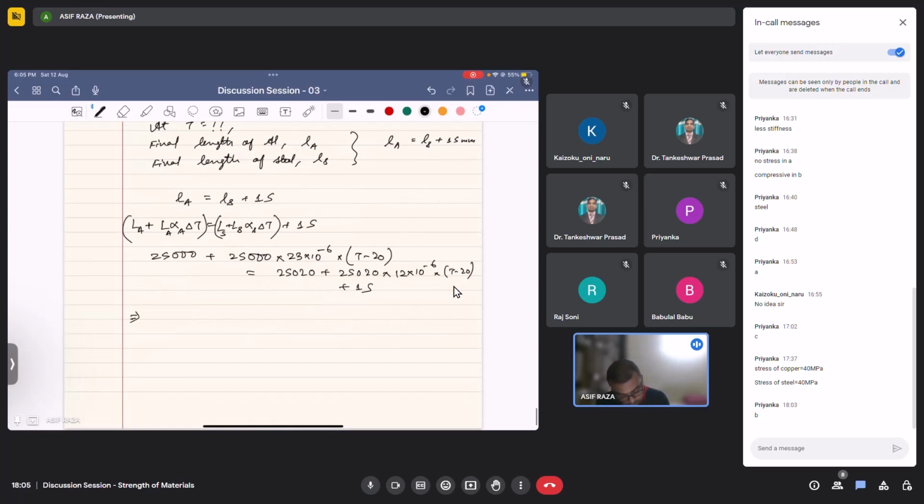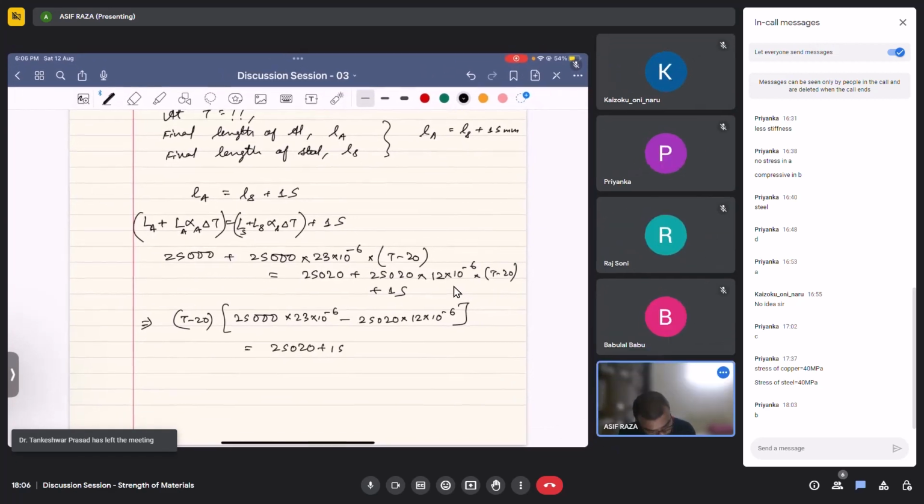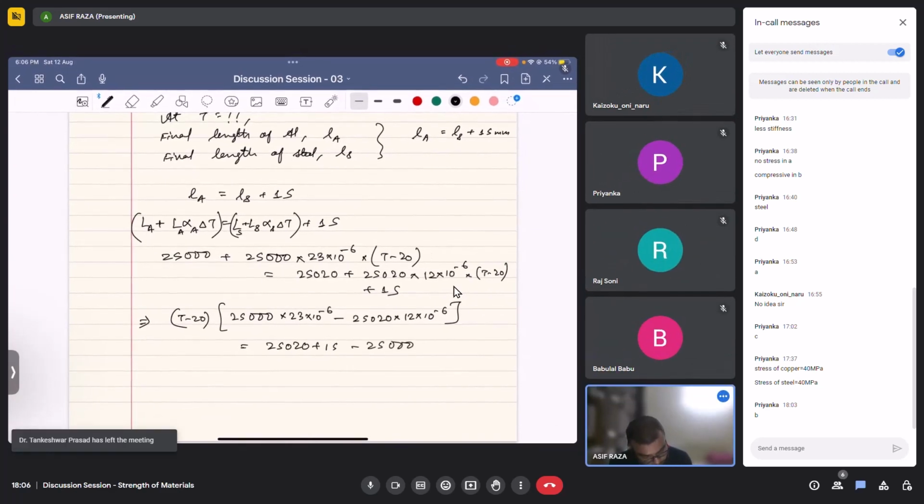So let's solve this. Taking T minus 20 common: 25,000 into 23 into 10 power minus 6 minus 25020 into 12 into 10 power minus 6, and the other terms, 25020 plus 15 minus 25,000.